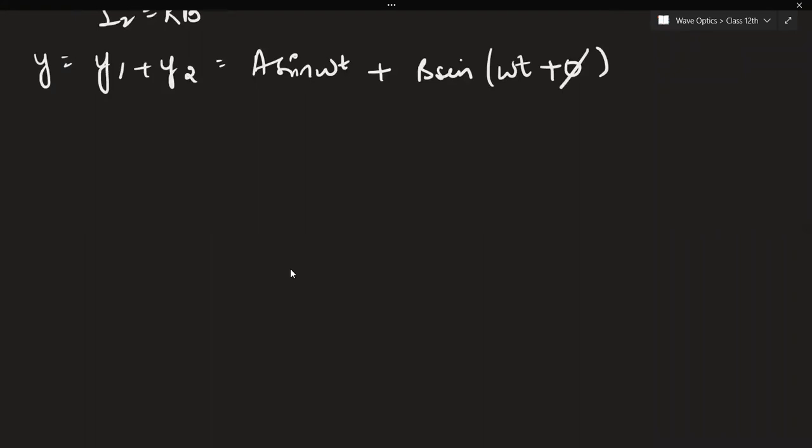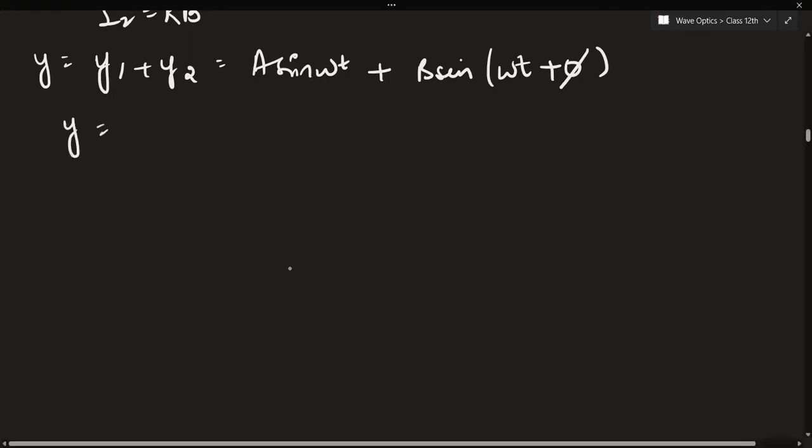Y is equal to, just a second. Now see, if you add both these waves, this remains A sine omega t.